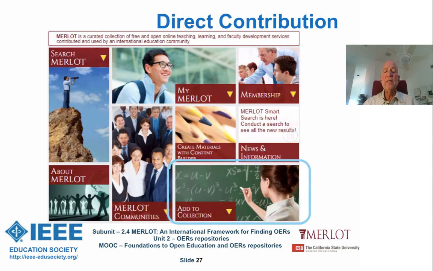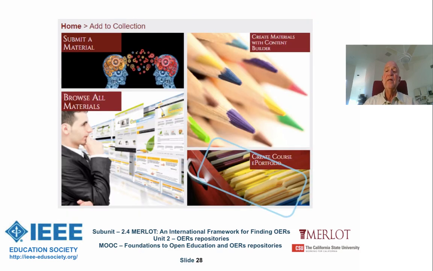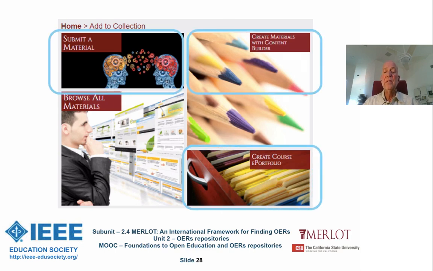Let's look at a direct contribution. So here is the Merlot homepage, www.merlot.org. You can see I've encircled the tile Add to Collection. If you were to click there, it takes you to this page. On this page, we have three different kinds of contributing to the collection.